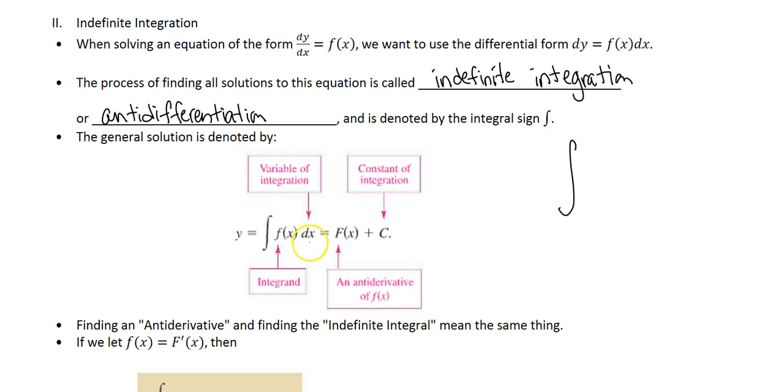And this right here tells you the variable that you're integrating with respect to. This is what we call the integrand. It's the thing that's being integrated. And for your answer, you get an antiderivative plus the constant of integration. So finding an antiderivative and finding the indefinite integral mean exactly the same thing.